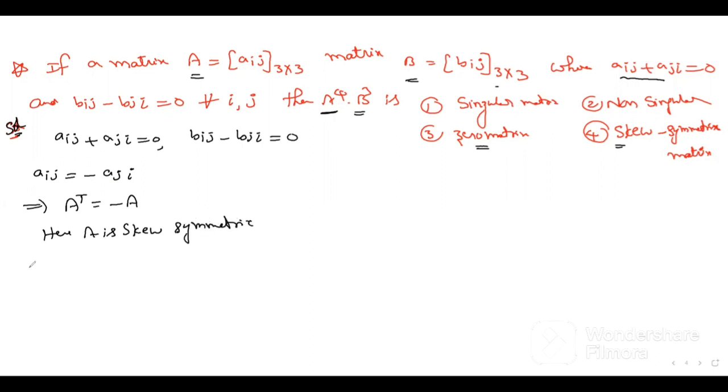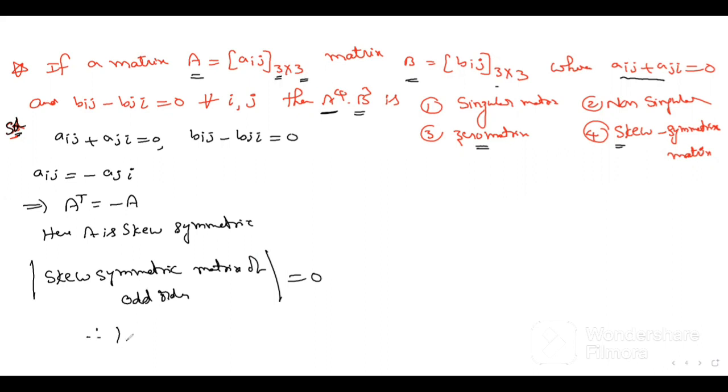The determinant of a skew symmetric matrix of odd order is equal to how much value? 0. The 3 by 3 is odd order, so that will be 0. So therefore det of A is equal to 0.